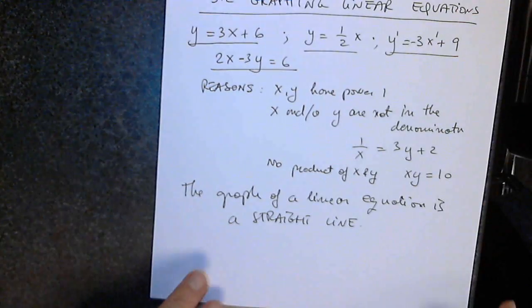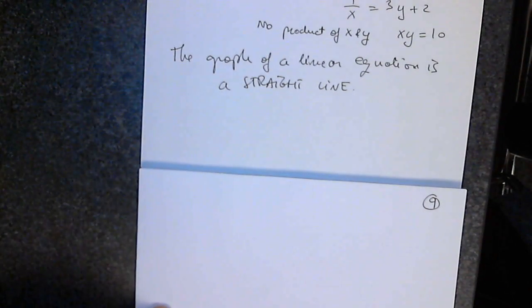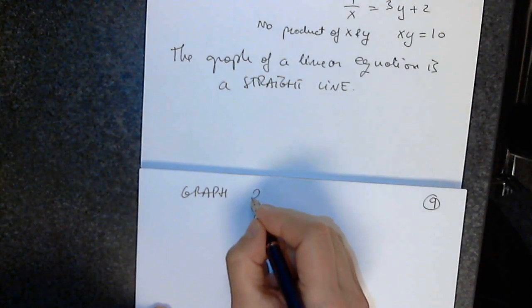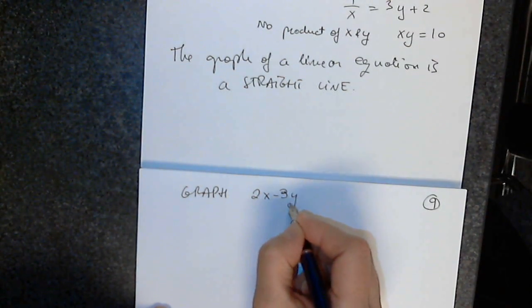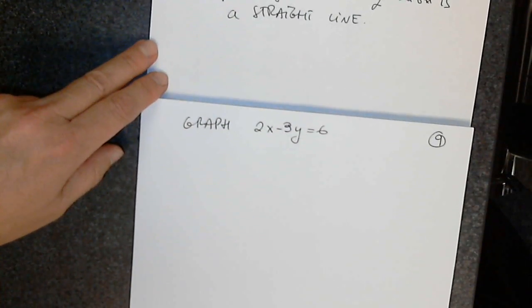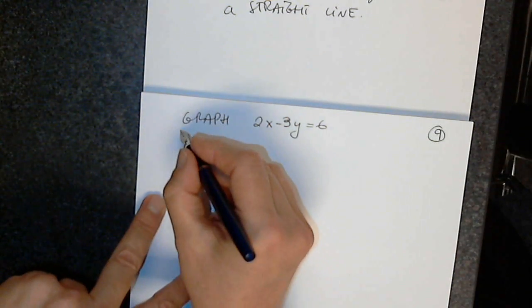Okay, now here's what I would like to do next. I would like to graph 2x minus 3y equals 6. We'll graph the other ones as well, or combinations, or we pick from the book, it doesn't matter, but I want to start with this.